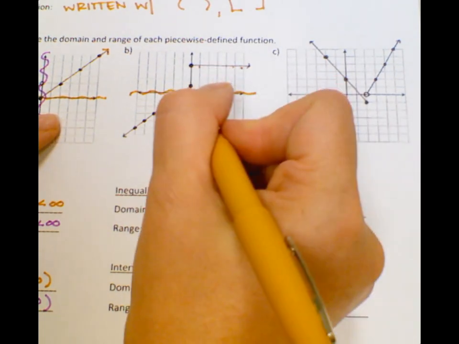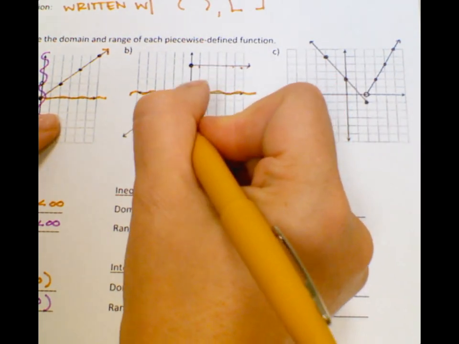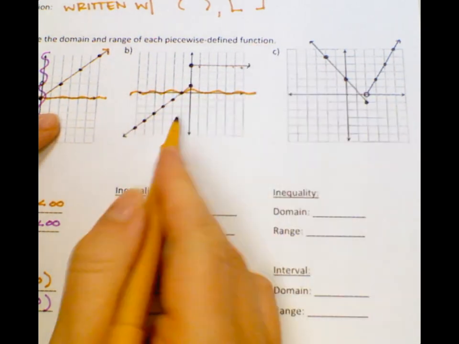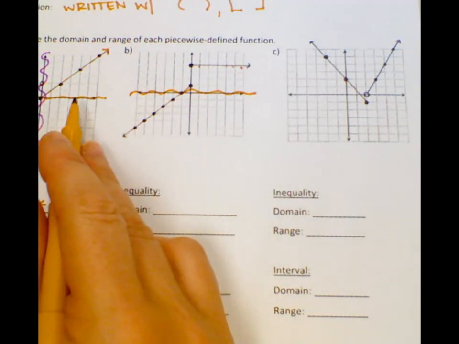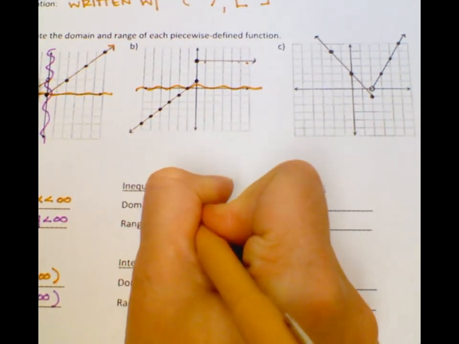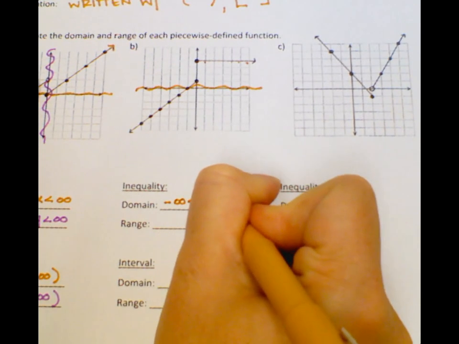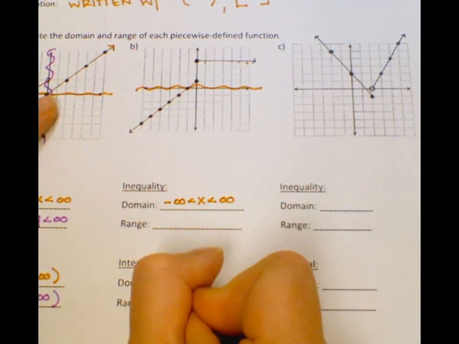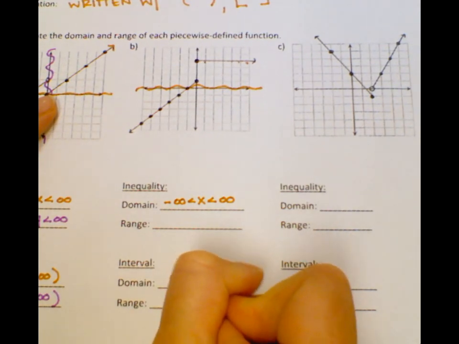So now let's look at negative. Okay, got him, got him, got him. So all the negative is on the graph. Okay, so we've got all the positive and all the negative, so we know it's negative infinity to positive infinity. Let's go ahead and write our domain in interval notation, because all it is is switching it over to parentheses.